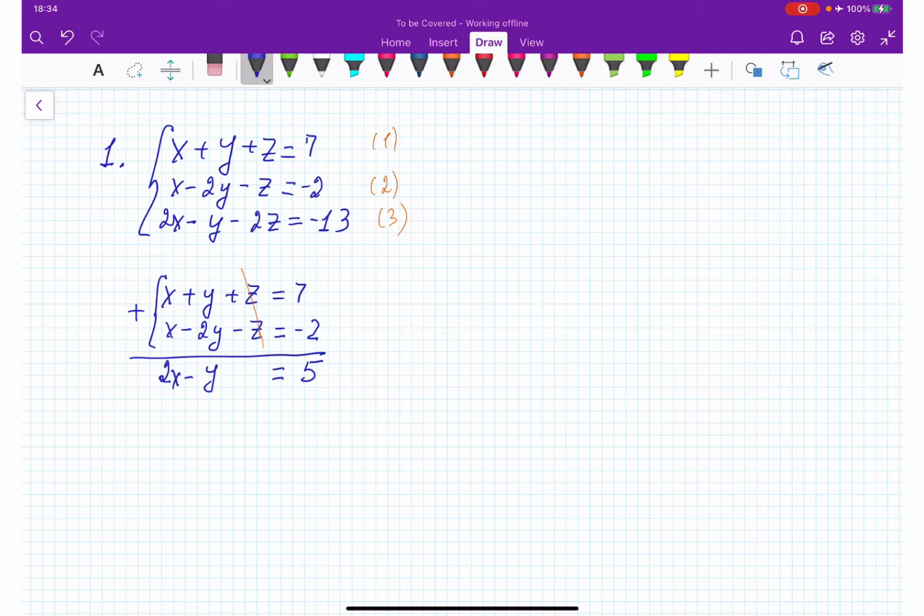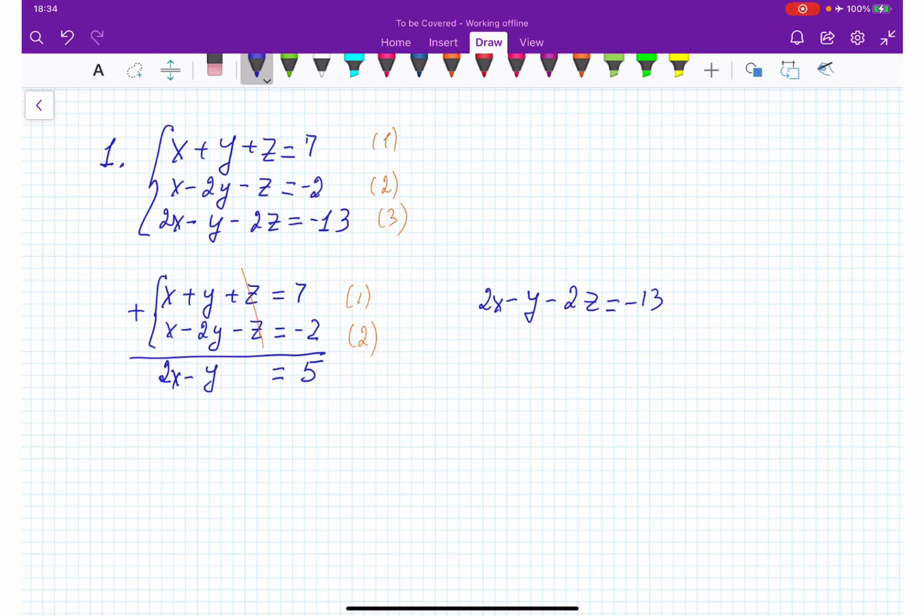Now, second, first and second I used. In the second case, I'm going to take the third one, which is 2x minus y minus 2z is equal to negative 13, and either the first or second equation combined, doesn't matter which one, as long as I eliminate the z variable and end up with x and y again.